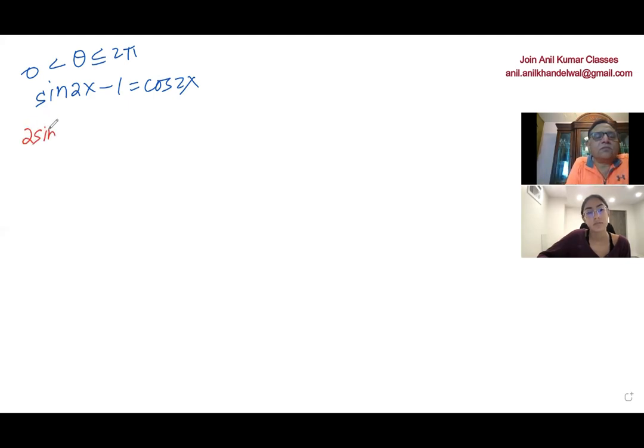That is fixed. Now the thing is, how do we work with cos 2x? Here we have minus 1, right? So cos 2x, let's write this as cos square x minus sine square x for now.